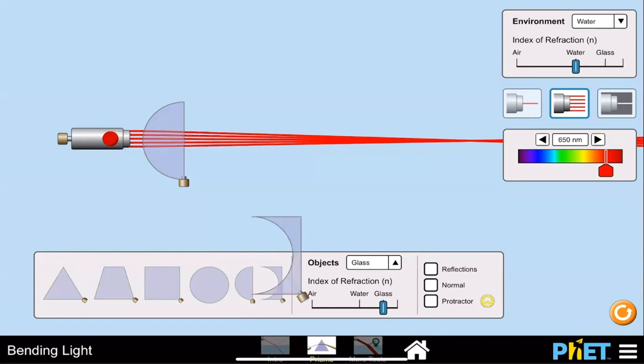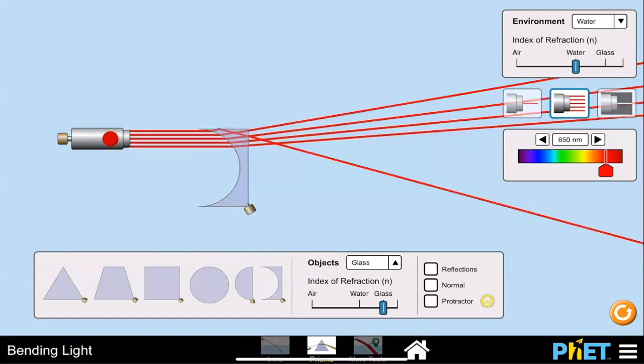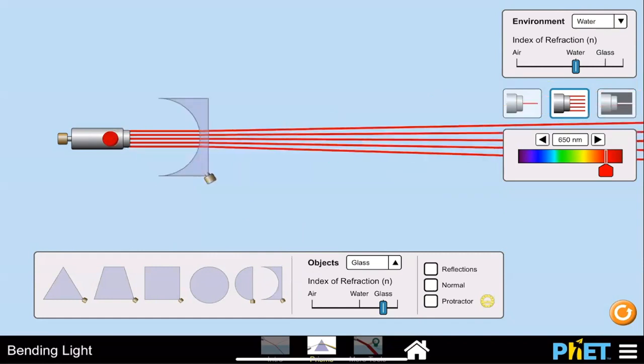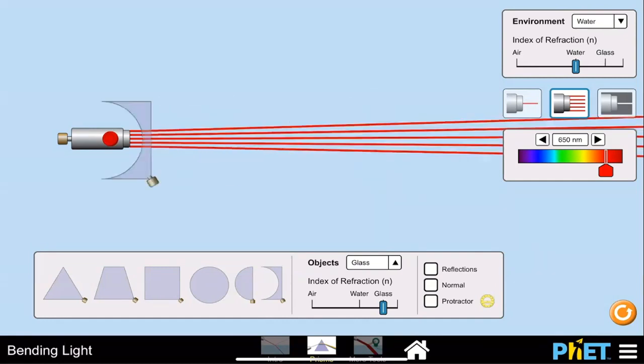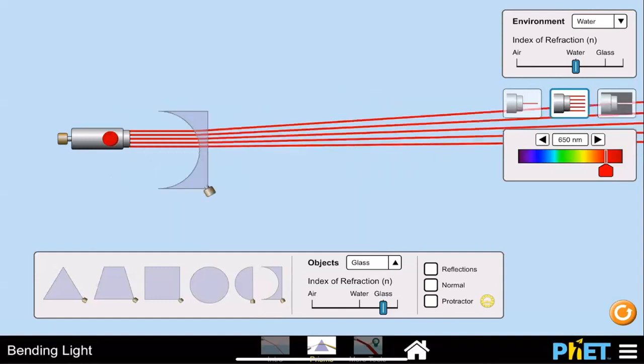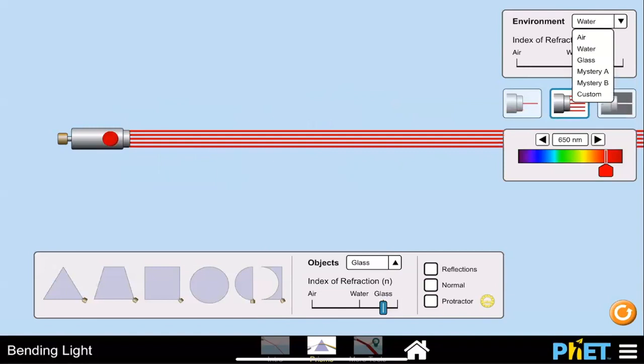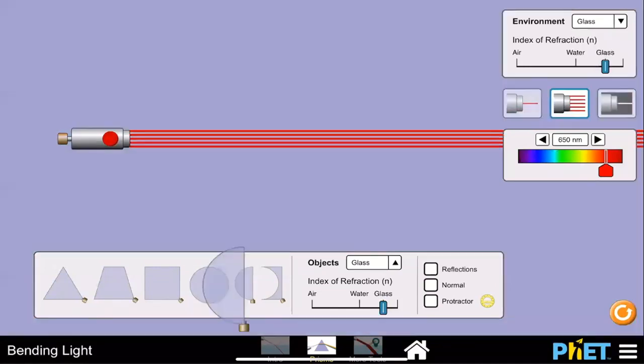We click on the normal line. So we have here the concave lens. We have that as the normal line. So the farther you are from the source, the lesser is the scattering of light.